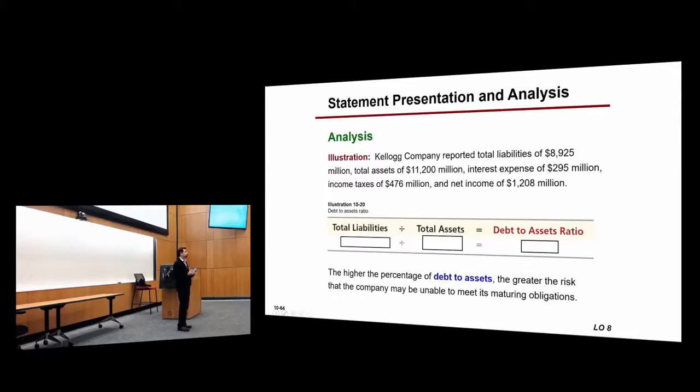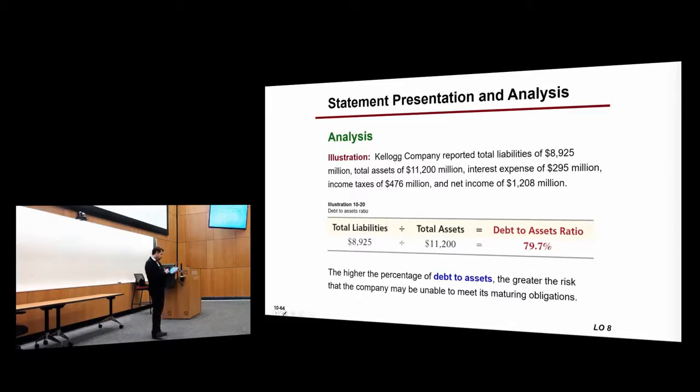The idea is to find, for every dollar of liabilities, how many dollars of total assets you have to cover them. In this case, you have 79.7%. That means the liabilities are equivalent to almost 80% of your assets. The higher this ratio, the worse it is. The riskier the company is, because you have higher debt.